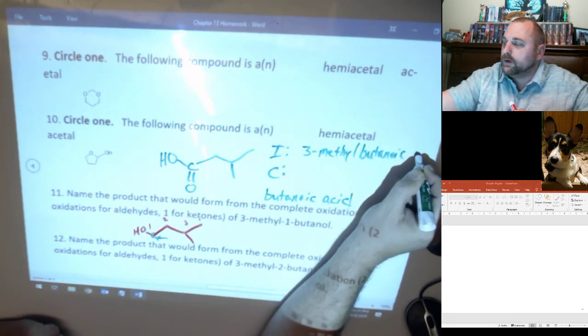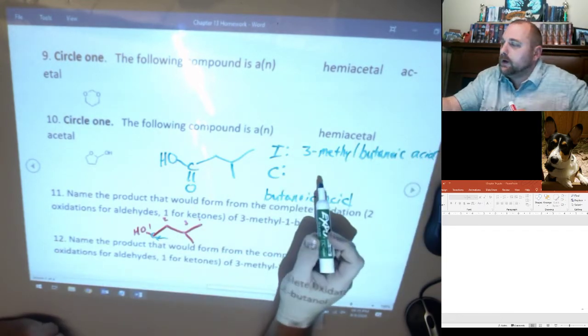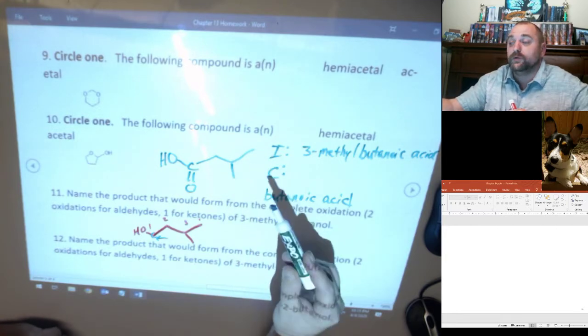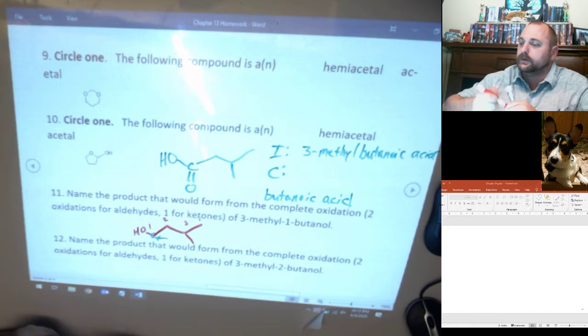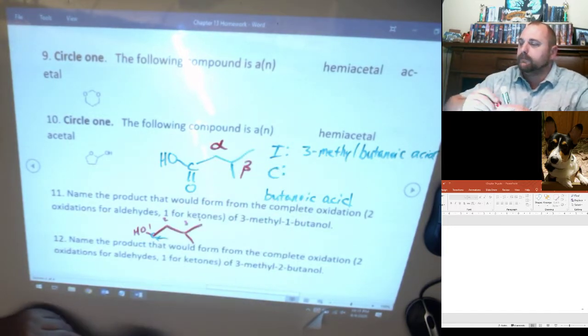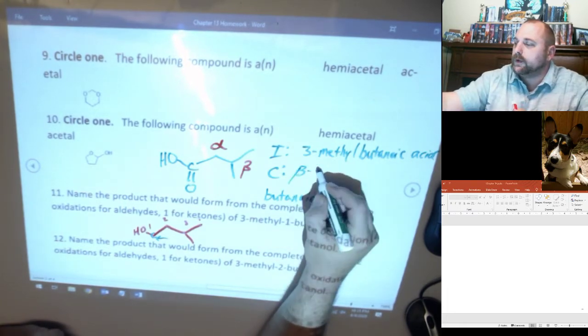That's one word. And then acid, separate. Alright. Common name. Okay. 1, 2, 3, 4. That's butyric acid. And I've got alpha, beta. This is a beta methyl. Beta methyl.